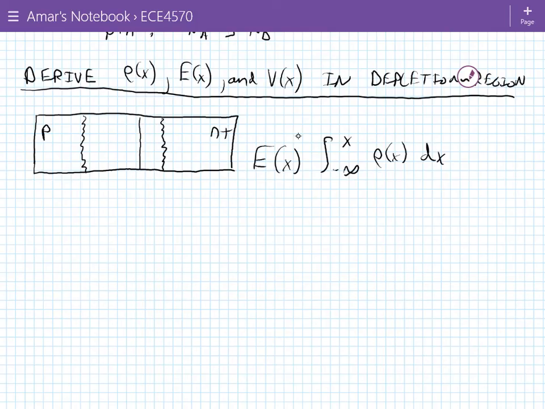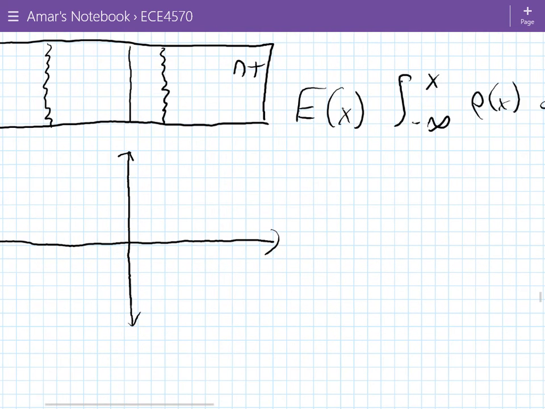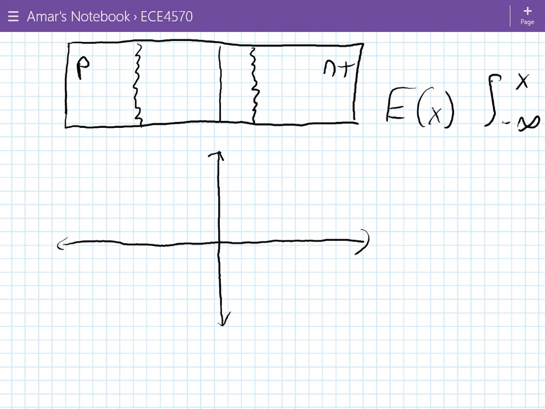So we're going to line up the charge density plot. That's going to be the one we'll do first. This x equals 0 is defined as the interface between the two materials.